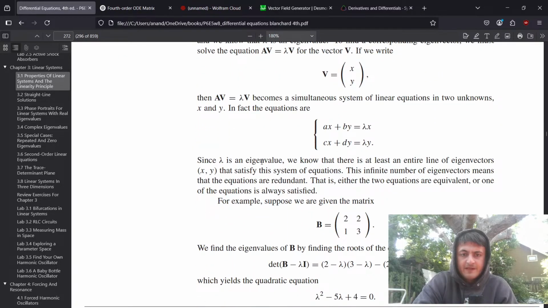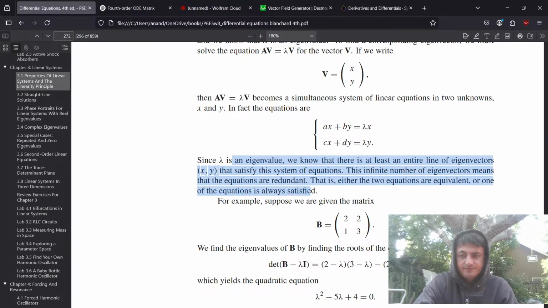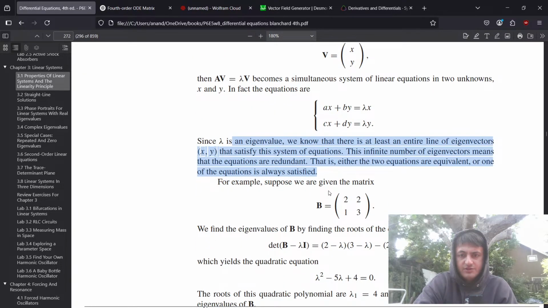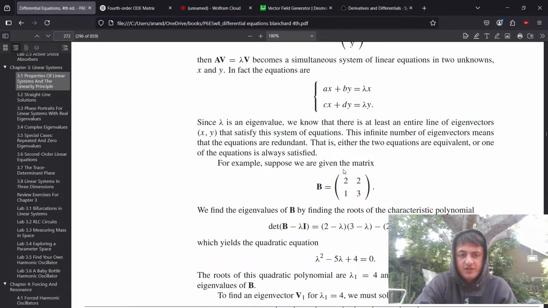Now, since lambda is an eigenvalue, we know that there's at least an entire line of eigenvectors that satisfy the system of equations. This infinite number of eigenvectors means that the equations are redundant. That is, either the two equations are equivalent or one of the equations is always satisfied.